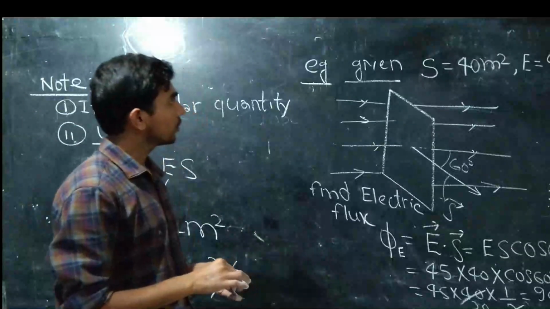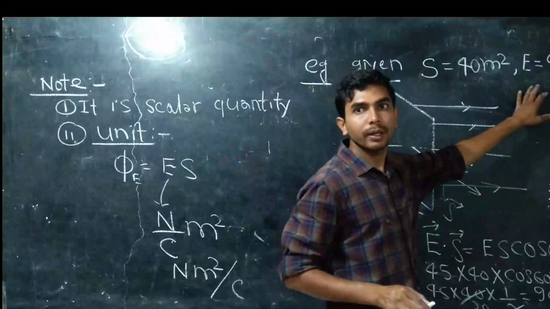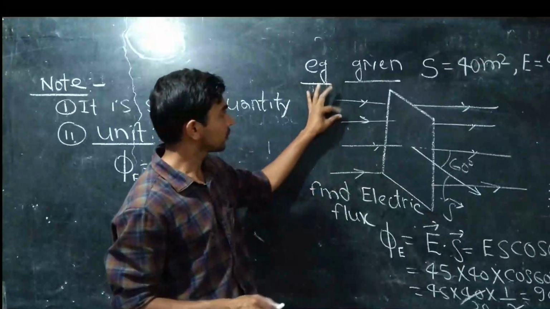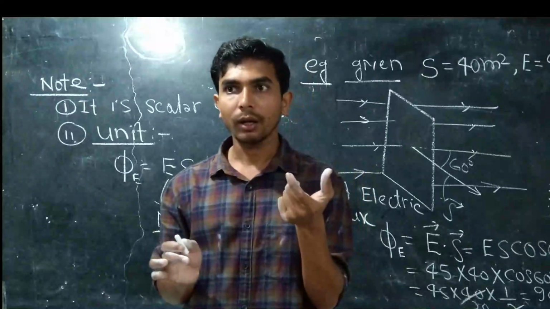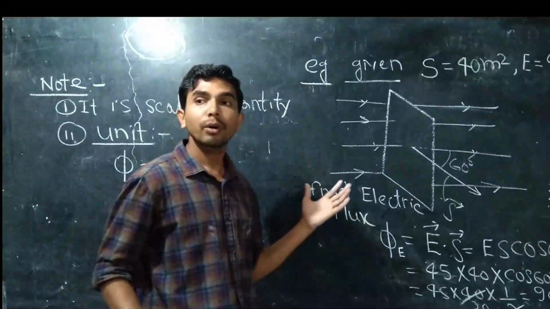So this way we are able to find electric flux due to a uniform electric field. Yes or no? This electric field is uniform, right? The electric field lines are equally spaced and parallel. So finally we calculated electric flux due to a uniform electric field.